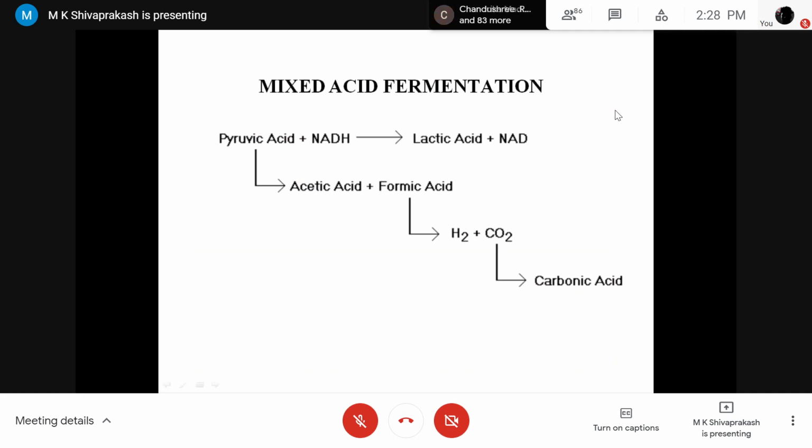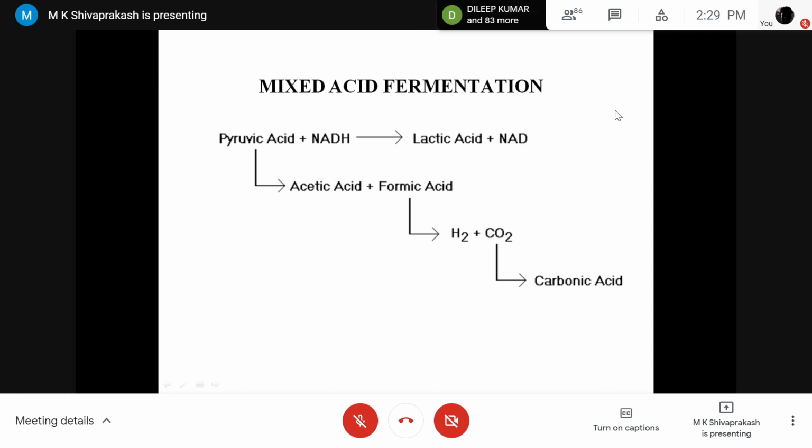Then mixed acid fermentation: in this case, varieties of organic acids are produced in addition to lactic acid, like acetic acid, formic acid, even carbon dioxide, carbonic acid, even hydrogen gas. All these things are produced.